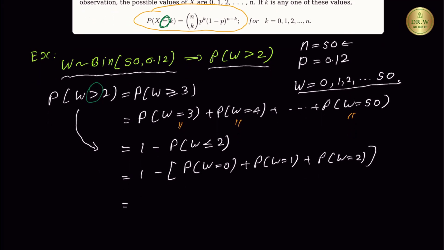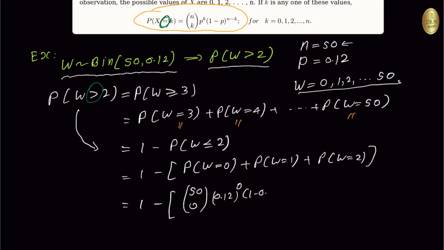So let me explain: 1 minus, here, probability W equals 0. N equal 50, 50 choose 0, then P is 0.12 to the power 0, 1 minus 0.12 to the power 50 minus 0. That is for W equals 0. Then plus W equal 1.